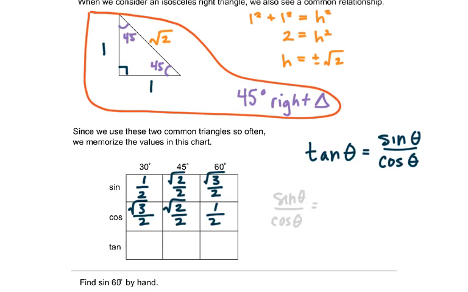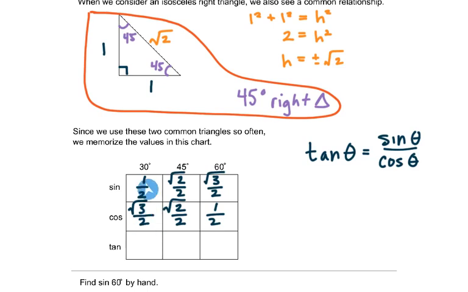Well, sine theta we know by SOHCAHTOA is opposite over hypotenuse. Cosine theta is adjacent over hypotenuse. If I reduce this fraction, I get opposite over adjacent. And opposite over adjacent we know means tangent theta. So I don't think I wrote that in either of the two previous videos, but it's something that we know and can use. So tangent is sine over cosine.